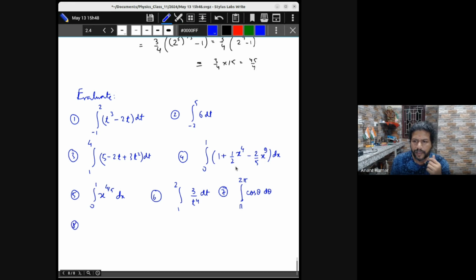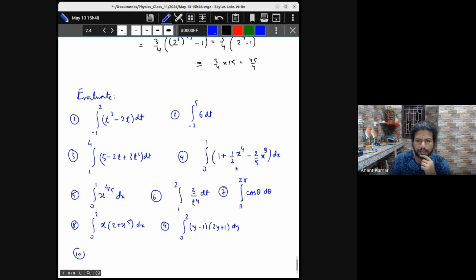With respect to what variable you're integrating is indicated by d something, so that will give us the idea actually. Five plus y, 10, pi by x squared t into dt.